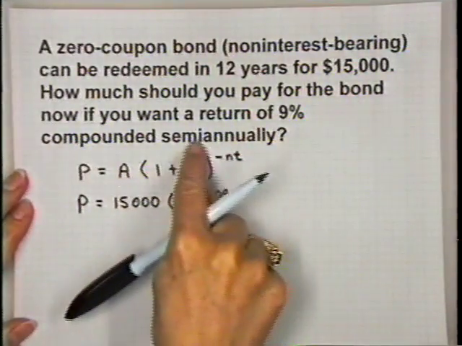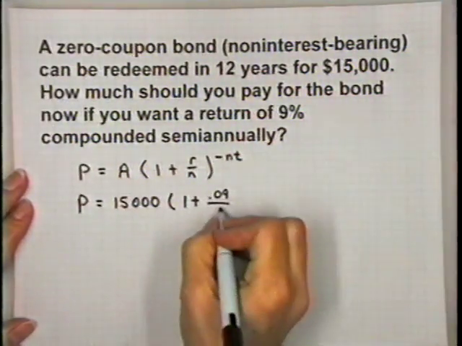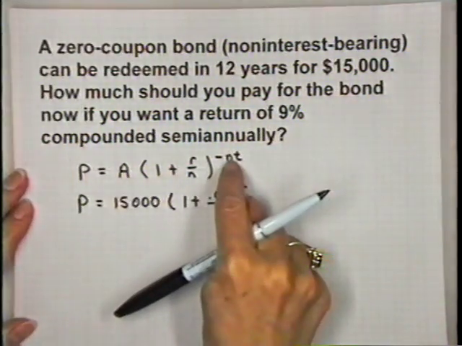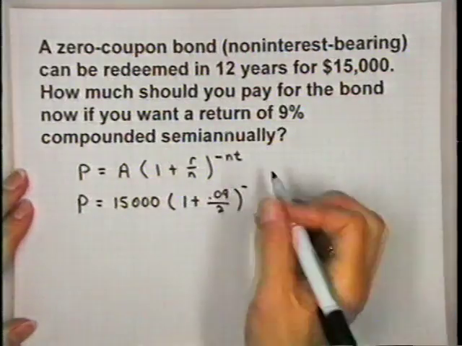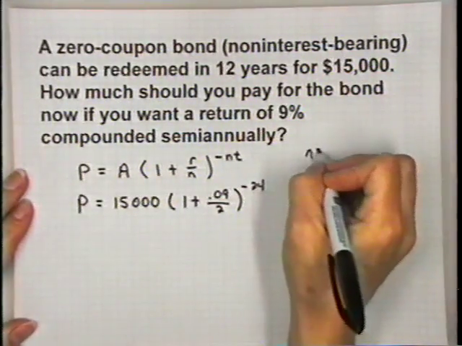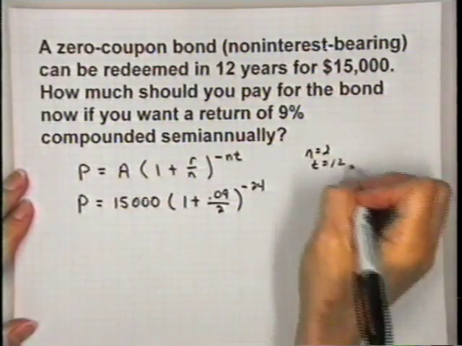If we're compounding semi-annually, that means twice a year, so we'll divide by 2. And our exponent is going to be minus 2 times 12, or minus 24. I'll just go ahead and put that in. Our n is 2, and our t is 12.